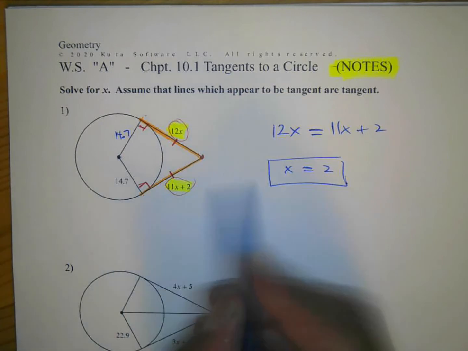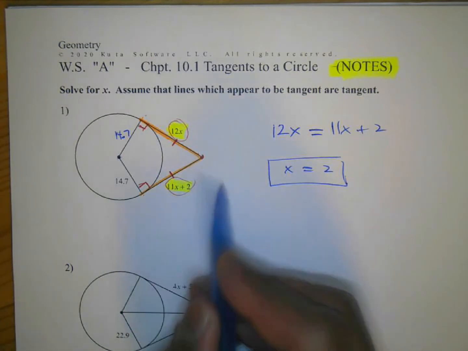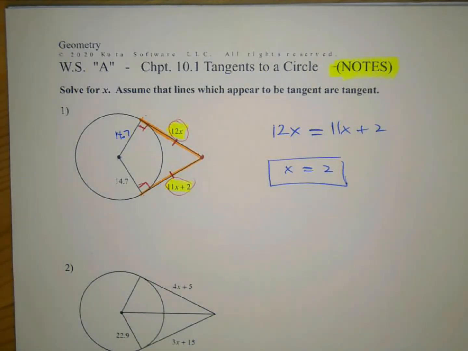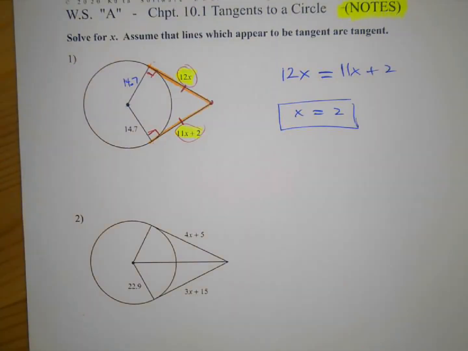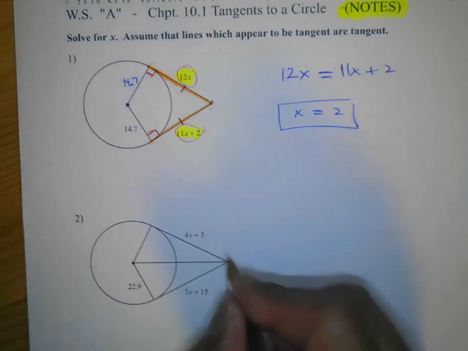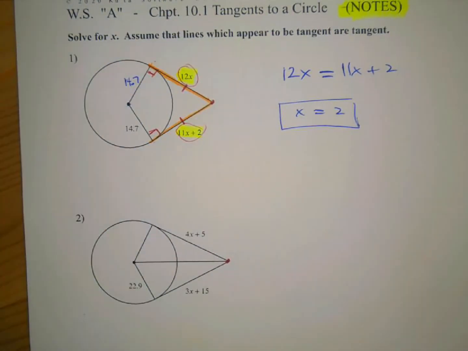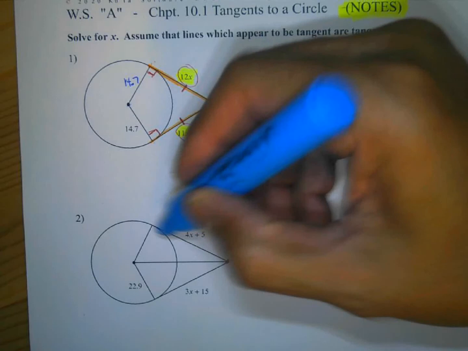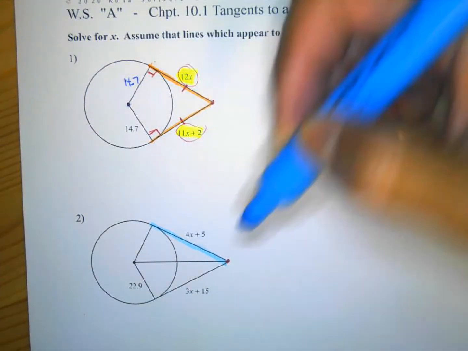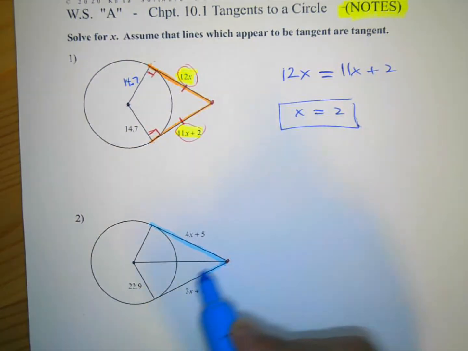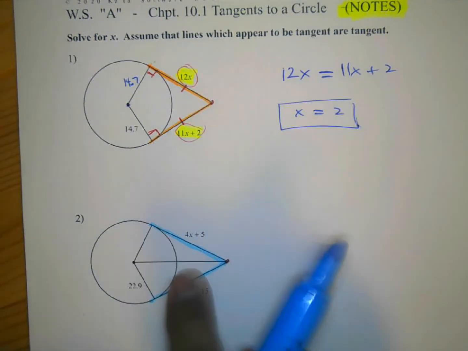And 11 times 2 is 22 plus 2, it's also 24. See, it's going to be congruent. Don't worry about these other lines. You just got to focus on your external point, which is here, and which are your two tangent lines. This one, the one from here, tangent to the circle, and the one from here, tangent to the circle. Don't worry about anything else.